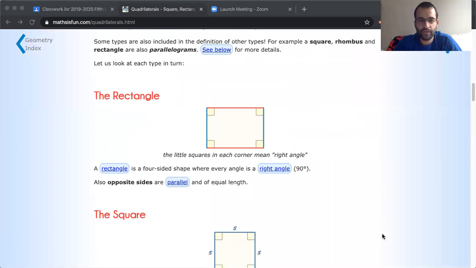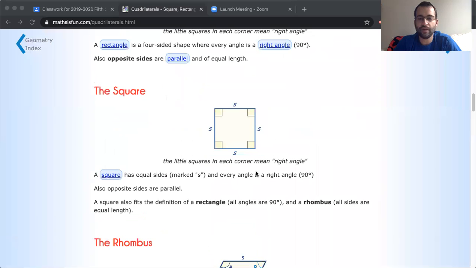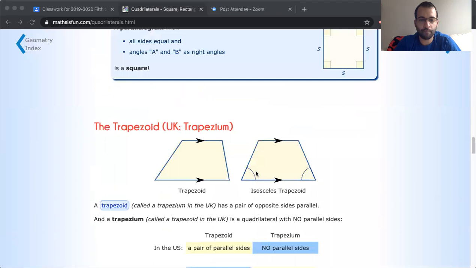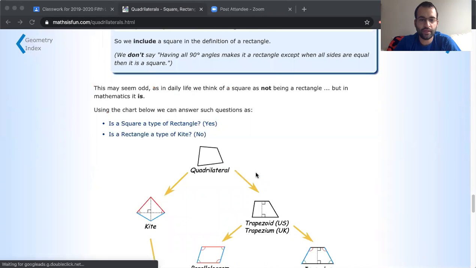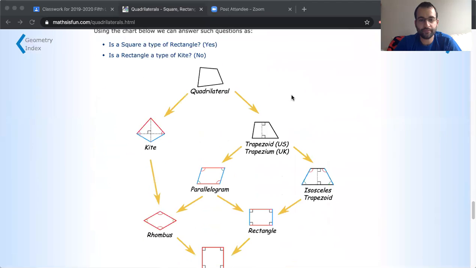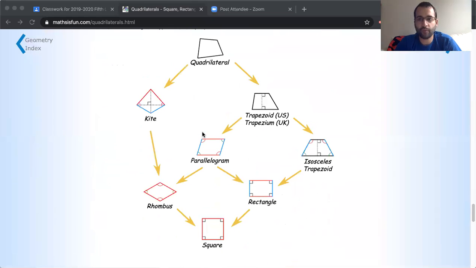Okay. So if you keep scrolling down, you will continue to see all the different shapes that we just mentioned. So a rectangle, square gives you more information on each one. Rhombus, parallelogram, trapezoid, and the kite. Okay, so it gives you everything here. And then it gives you a chart of every single thing that you see. So you'll notice that a quadrilateral is going to be all of these different things because they all have four sides.